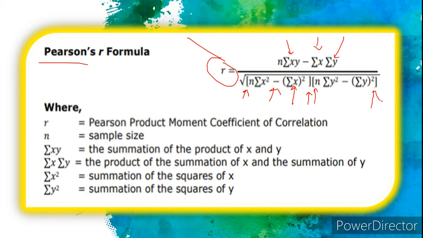Magkaiba po ang summation of y squared sa quantity summation of y squared, ha? Yan lang naman po yung formula na kailangan nyo i-memorize.